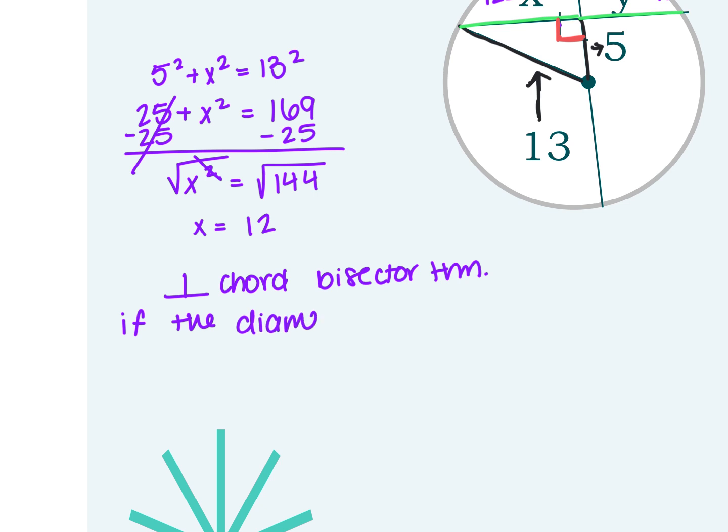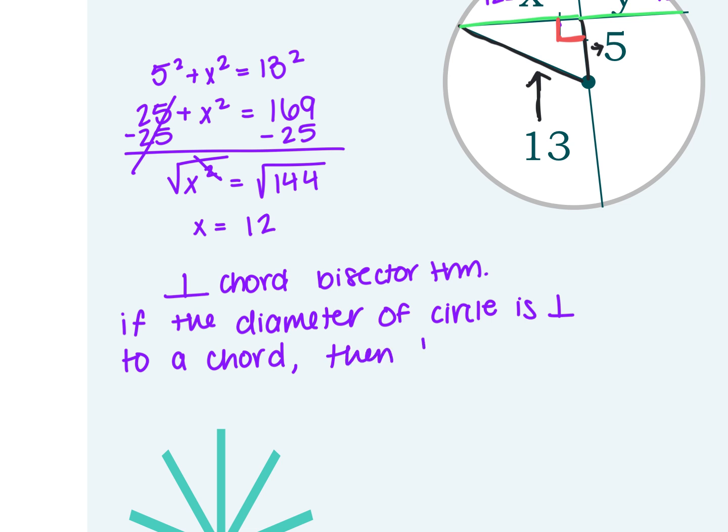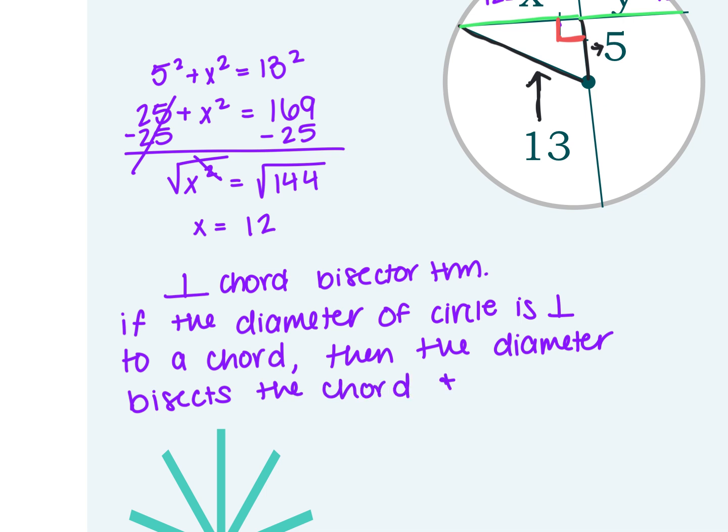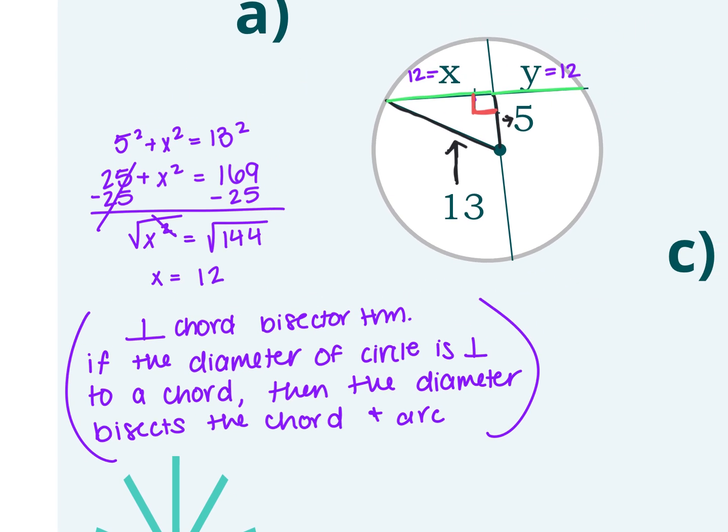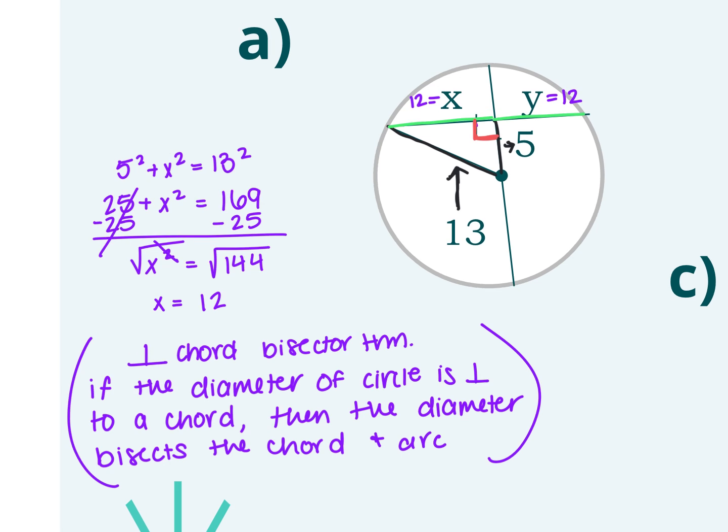If the diameter of the circle is perpendicular to a chord, okay, perpendicular is key, then the diameter bisects the chord, and we should know the arc. Okay, so that's what we're using for this one. That's how we determined that X and Y are congruent.